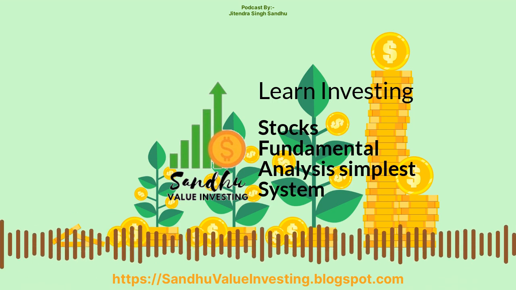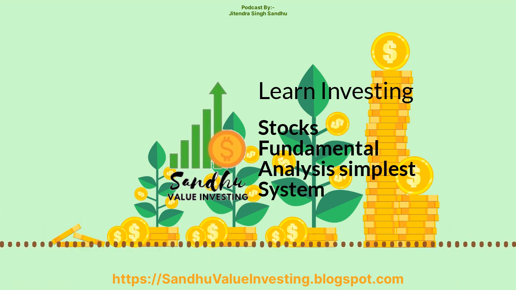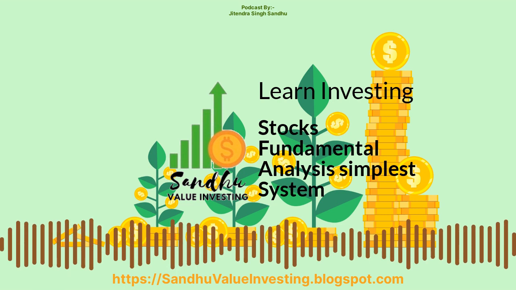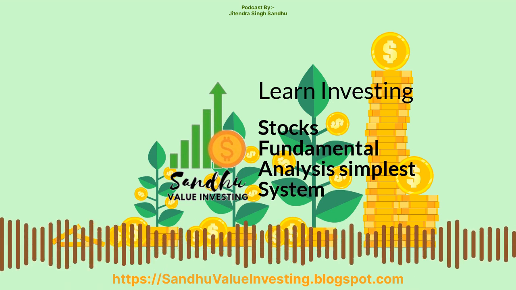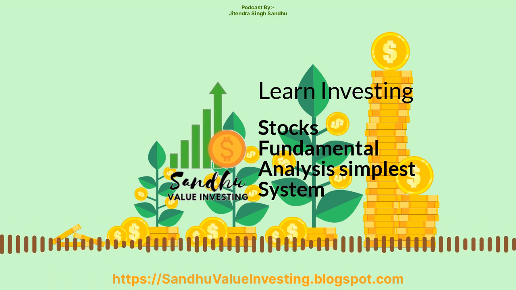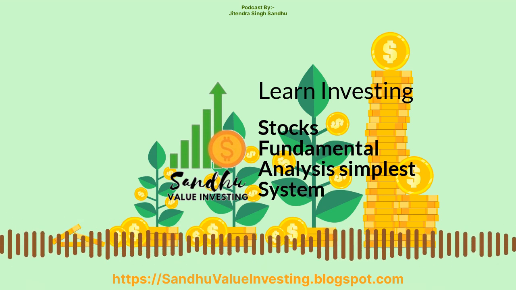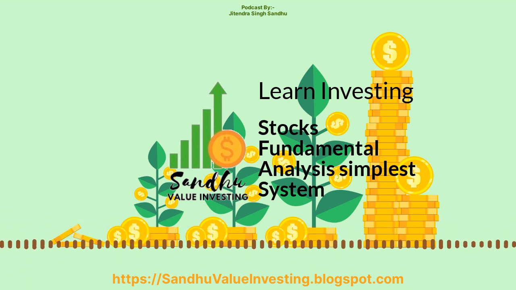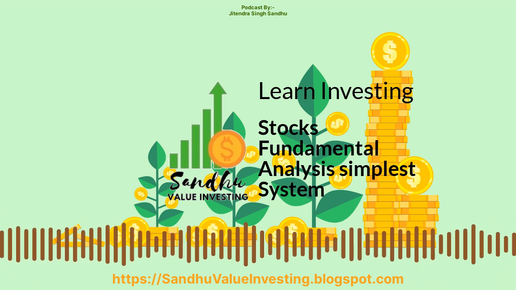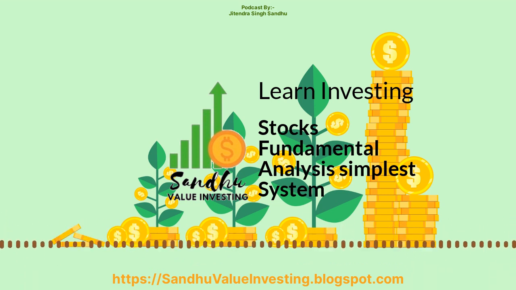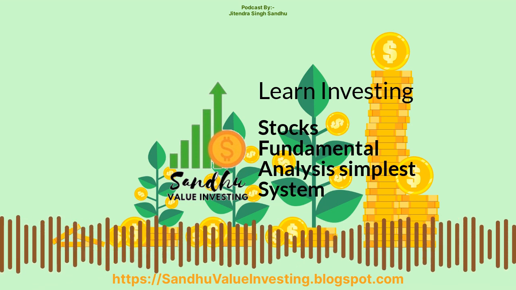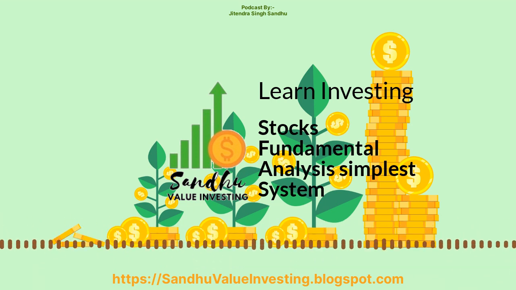So you have to select the best 20 to 30 stocks which you think will become good, but make sure these stocks are from different sectors, or maybe 5 to 10 stocks from one sector, then 5 to 10 stocks from another sector, then 5 to 10 stocks from another sector. But overall your portfolio should have a minimum of 4 to 5 sectors.